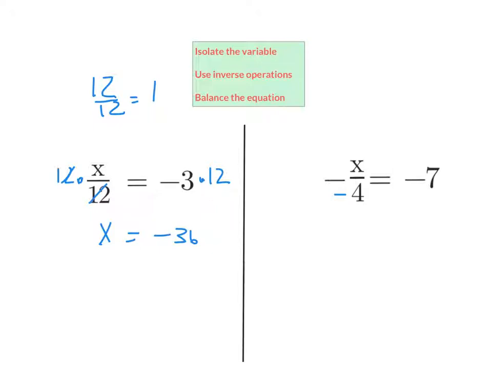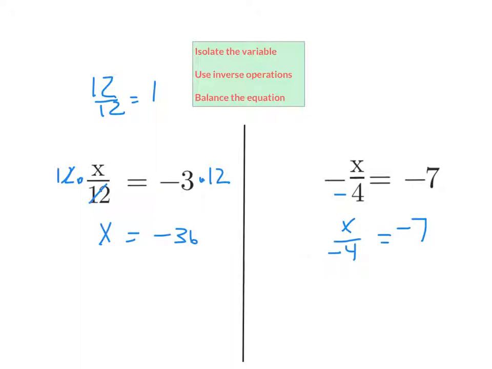So let's start by rewriting this so we can see really what's going on. I have x divided by -4 is equal to -7. Now the operation that's going on the side of the equation with the variable is division.